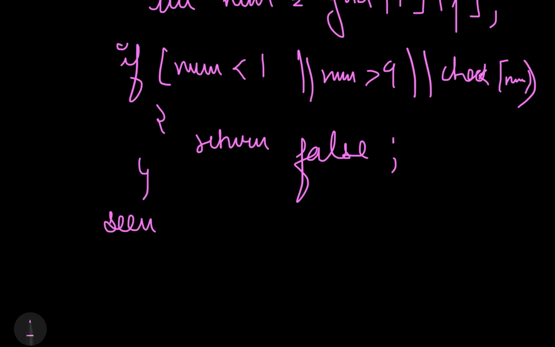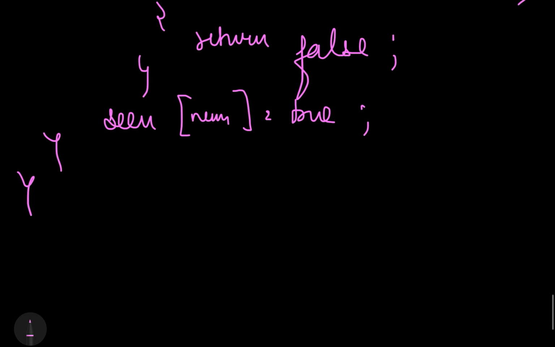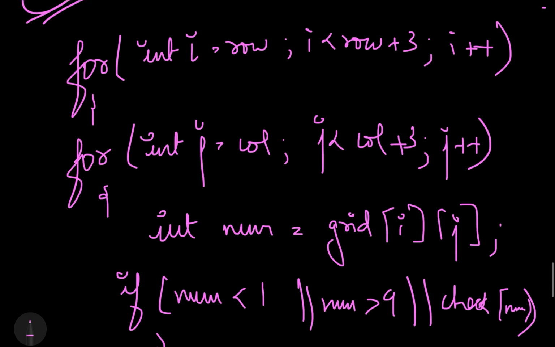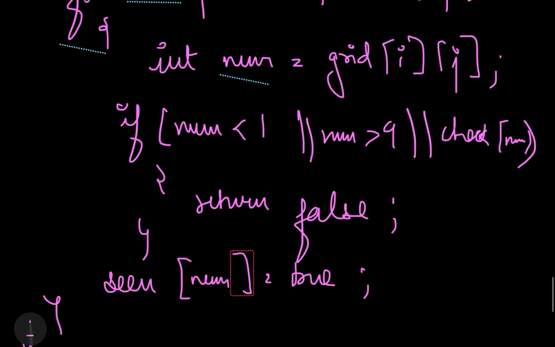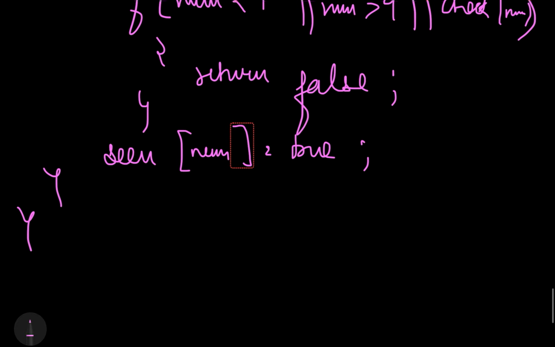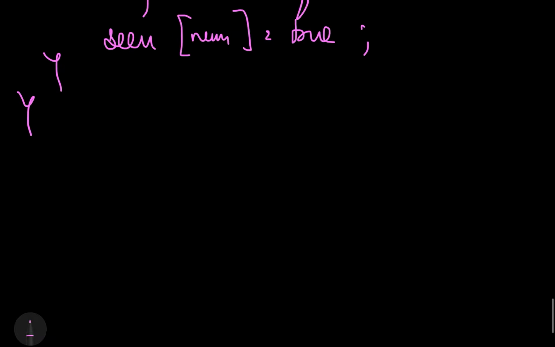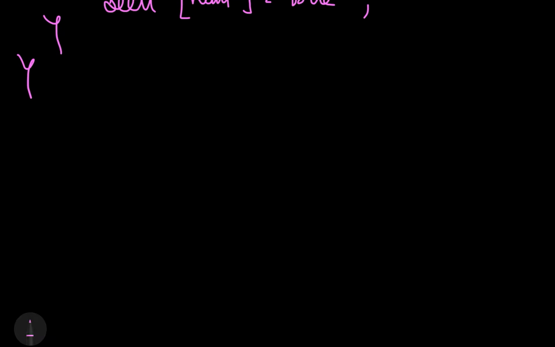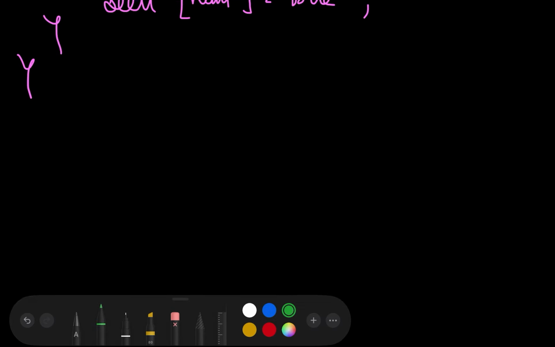And seen of num will always be marked true when we have checked our array. So this is our fourth check, which sees whether all the numbers of the subgrid are distinct or not.